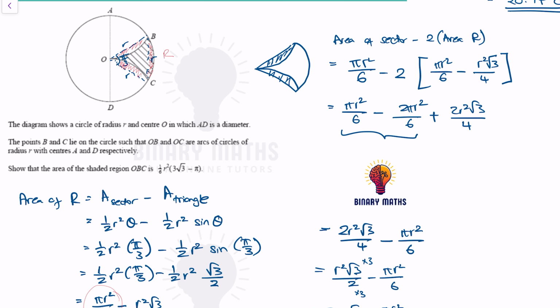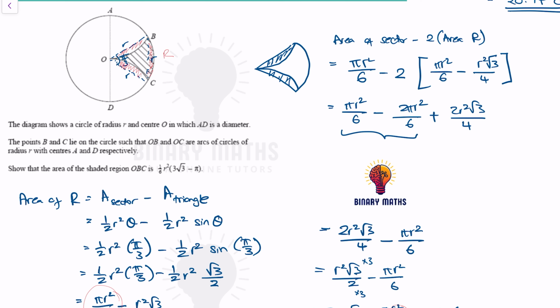Okay, the common factor here is the over 6 and the r squared. So if I take that out, I get r squared over 6 inside the bracket, I get 3 root 3 minus pi, which can be written as r squared over 6 times (3 root 3 minus pi), which is what we wanted.